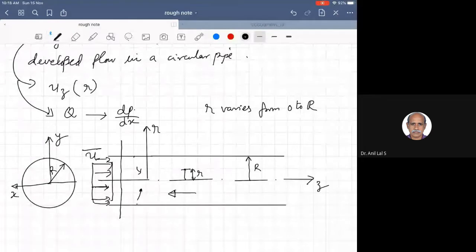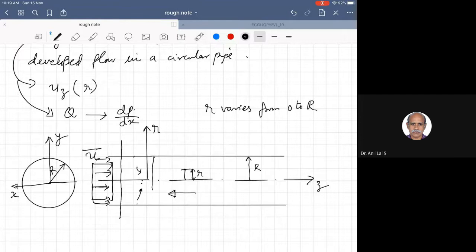In the entry region, there will be some kind of movement of particles towards the axis or center of the pipe. So this velocity distribution changes something like this in this entry region.